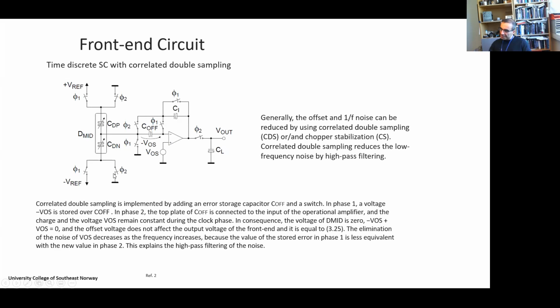At Phi2, Phi1 opens, and these two are grounded, and the input goes through. But at the same time, some of the unwanted biases in the circuit are being stored on the capacitor. So it's a little bit complicated clocking, but it's possible to find out.